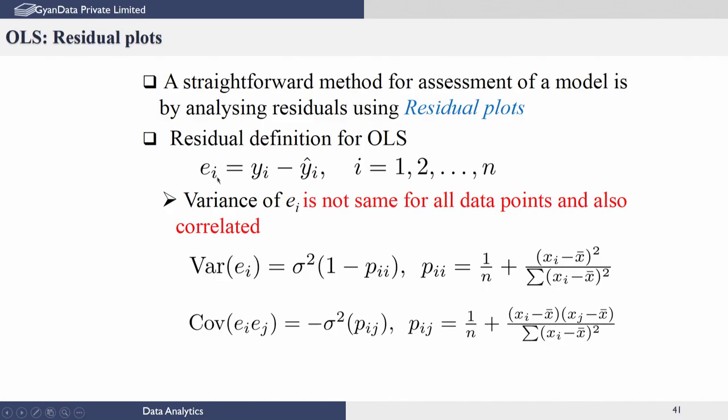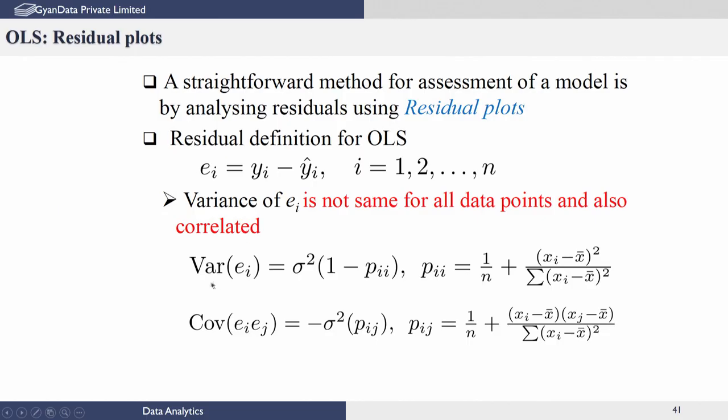Now, we can try to compute the statistical properties of these residuals, and we will be able to show that the variances of these residuals are not all identical, even though we started with the assumption that all errors corrupting the measured values have the same variance. The residual, which is a result of the fit, will not have the same variance for all data points.